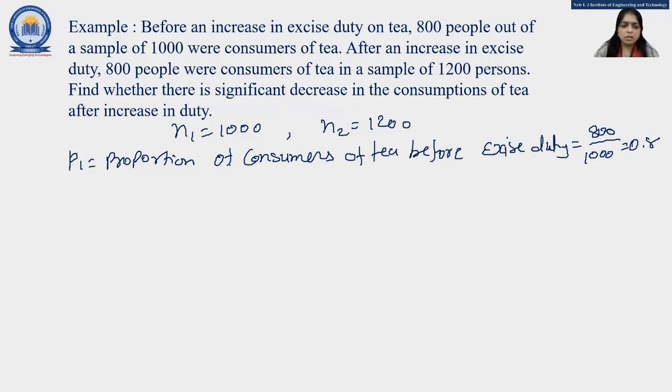Similarly, P2, that is the proportion of consumers of tea after increase in excise duty, is 800 by 1,200, and that is 0.67.